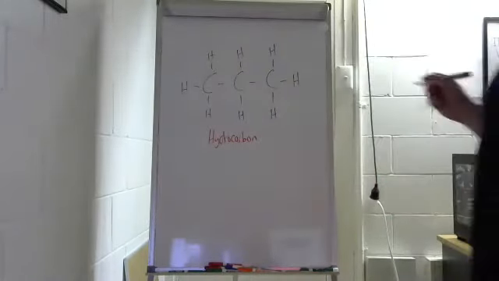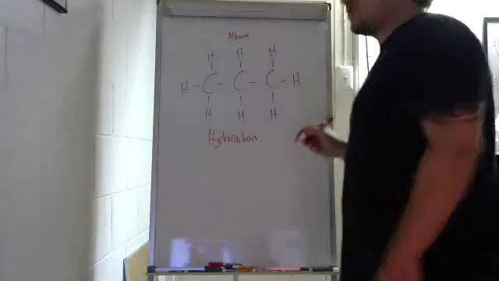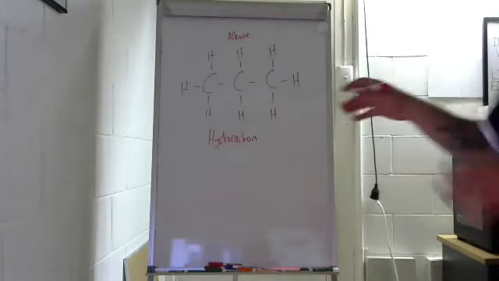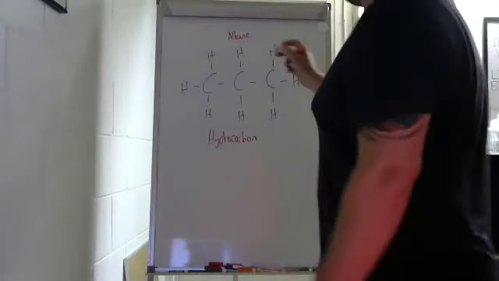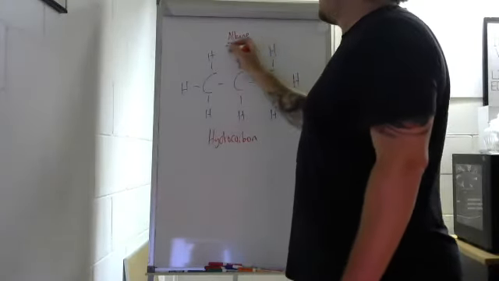What we have here is the alkane, the very first functional group. It's the simplest organic molecule that we have, and all of the other organic molecules build up off this right here. The functional group of an alkane is the fact that it doesn't have any functional groups.